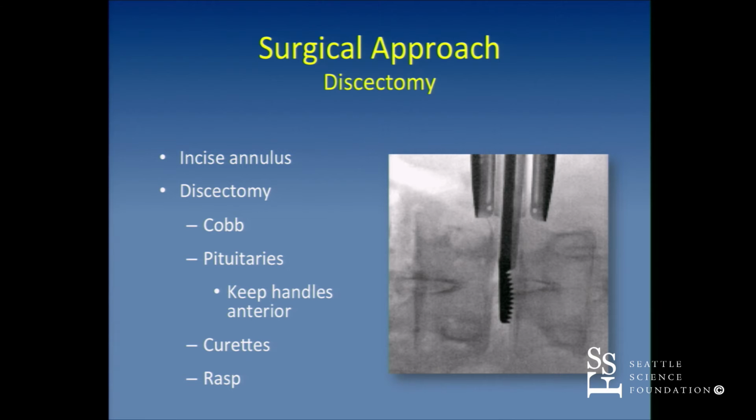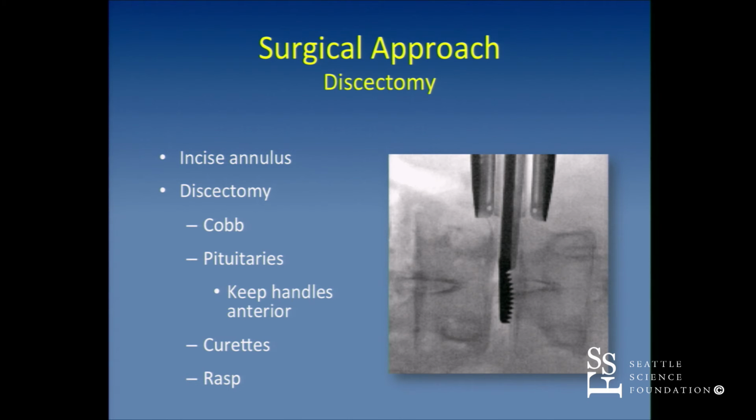In addition, when you advance a Cobb, you should toggle it ever so slightly so you do not cut into the end plates. If you just push on soft bone, and I've done it myself many times, you can go into the end plates and not even realize it. If you're toggling in someone with extremely soft bone, you won't do it. You'll get that tactile feedback and it'll just ride the end plate, removing the cartilage.